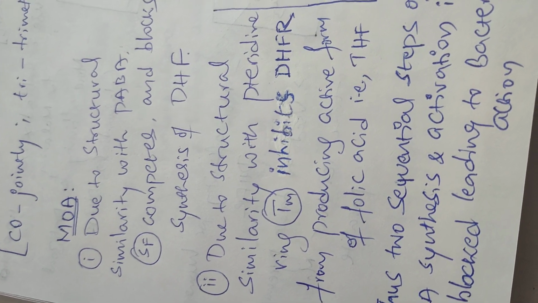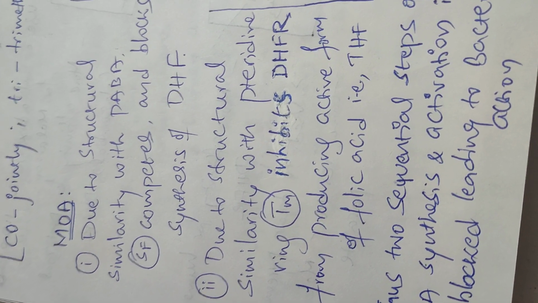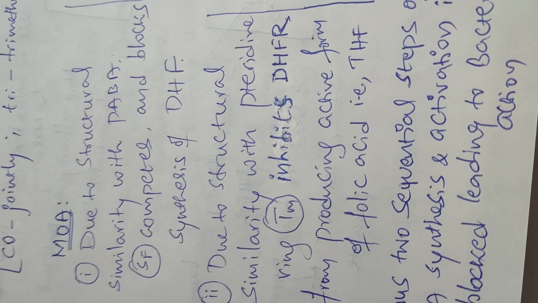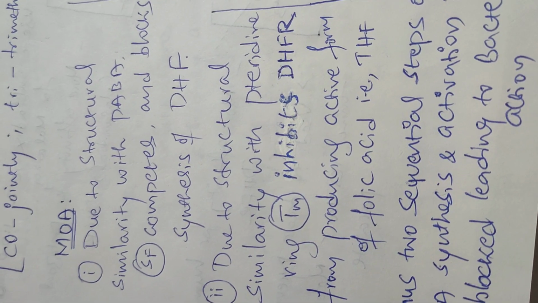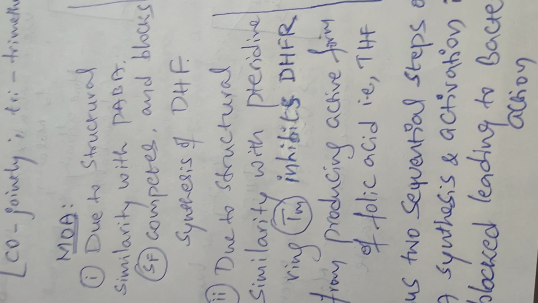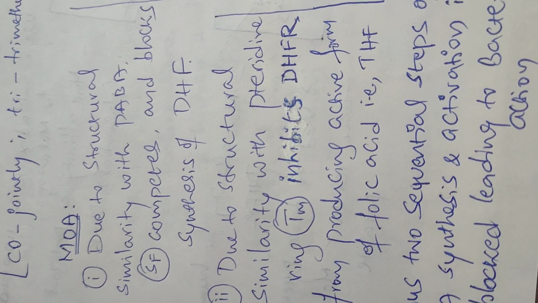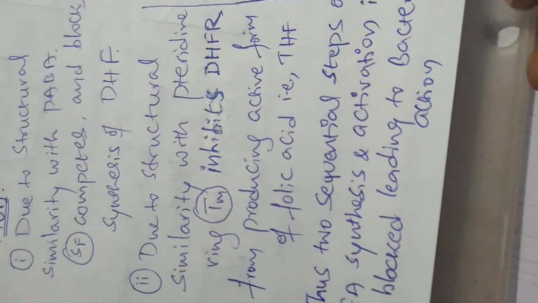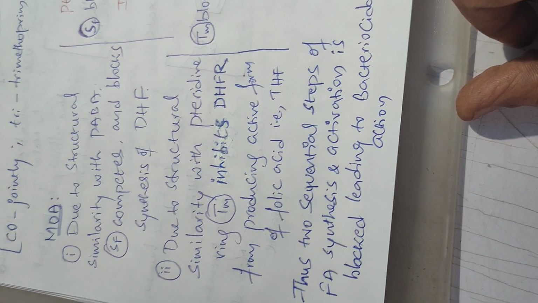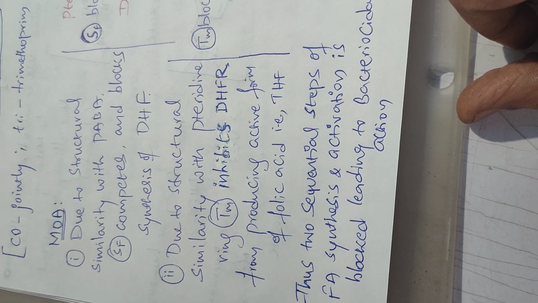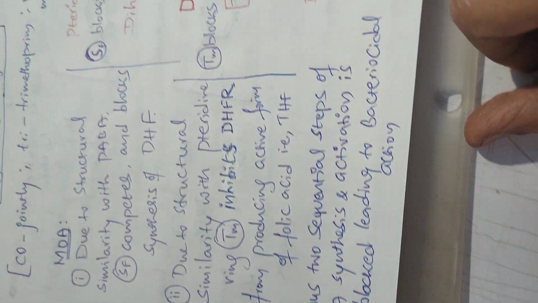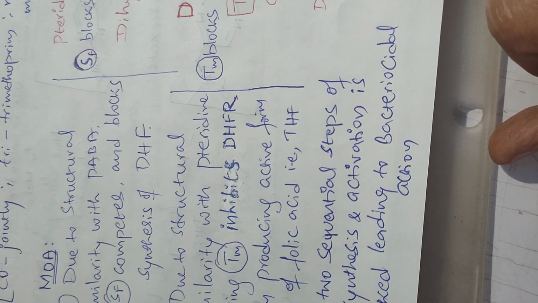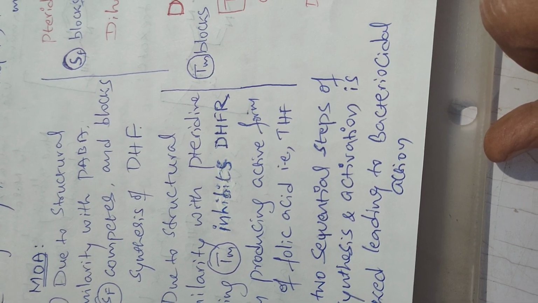Due to structural similarity with the pteridine ring, it is similar to the first fragment of folic acid. So trimethoprim will inhibit the DHFR enzyme from producing the active form of folic acid, that is THF, tetrahydrofolic acid. Thus the two sequential steps of folic acid synthesis and activation are blocked, leading to bactericidal action. Both drugs alone are bacteriostatic, but in combination they are bactericidal.